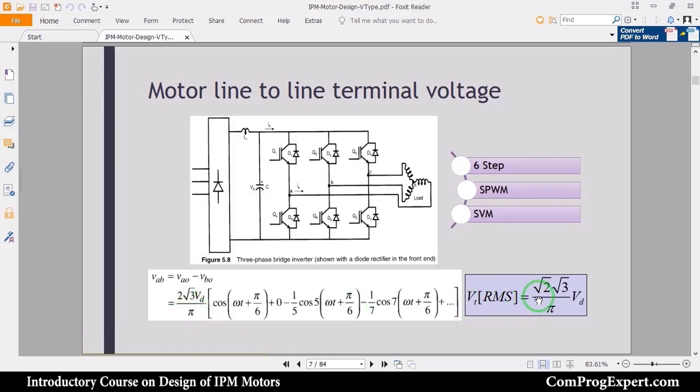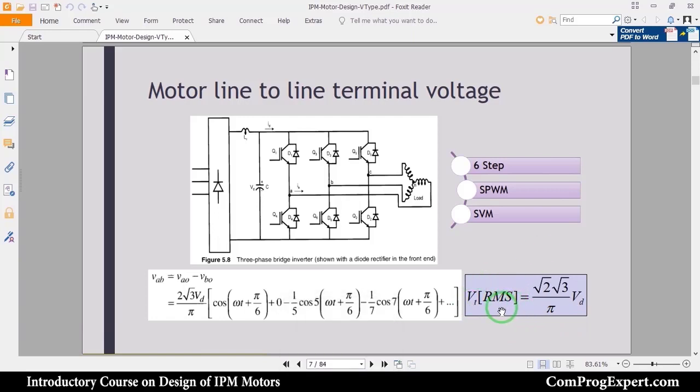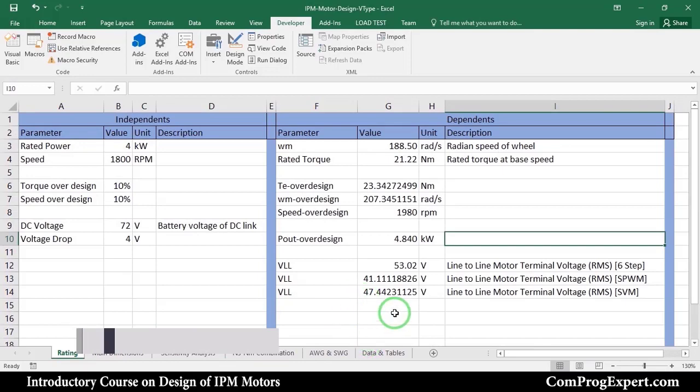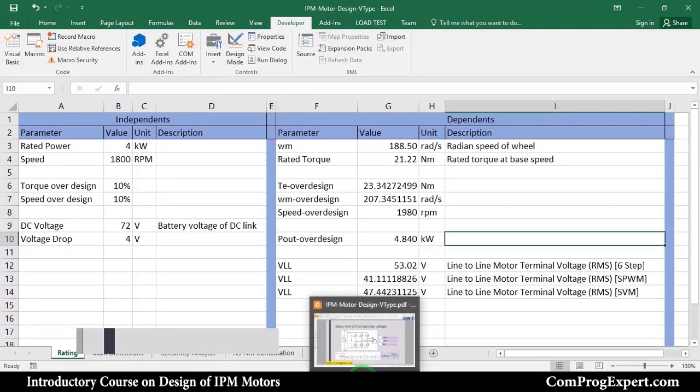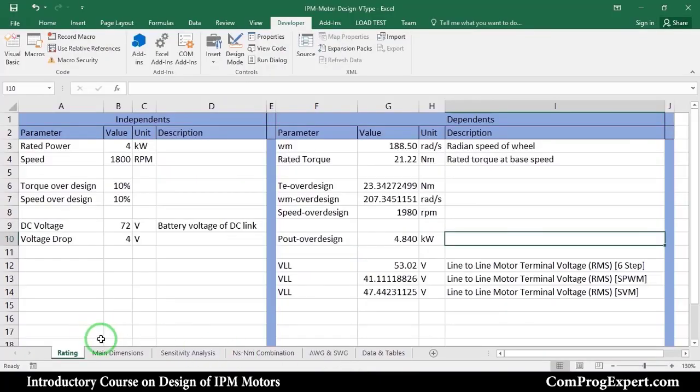So the RMS value is this. We can calculate the line-to-line terminal voltage considering the peak value of the fundamental harmonic. I implemented the equations for these three strategies here in this Excel sheet.